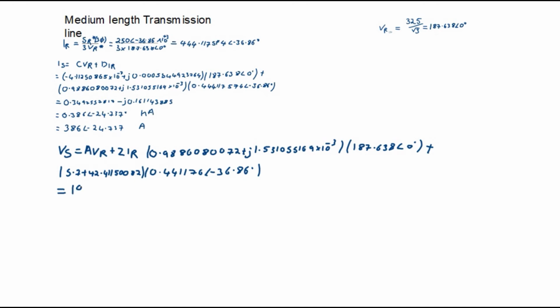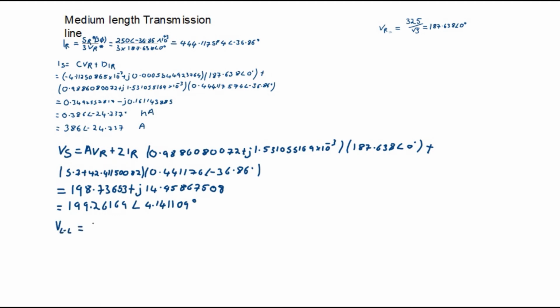This is equal to 198.7365 plus J14.45867508. This is in Cartesian form. In polar, it is 199.26169 at a phase angle of 4.1611093 kV line to neutral.